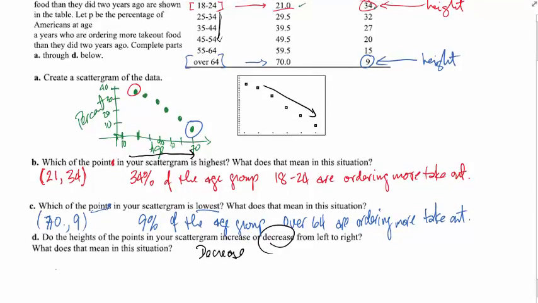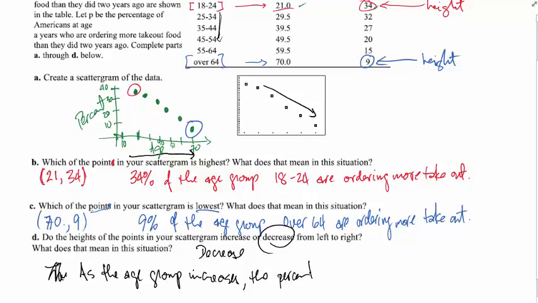So let's just write that down. As the age group increases, the percentage ordering more takeout decreases.